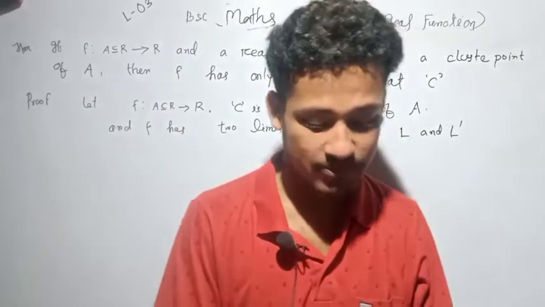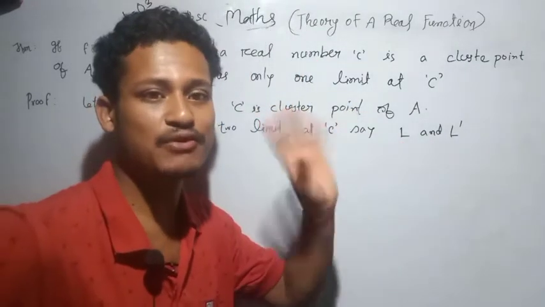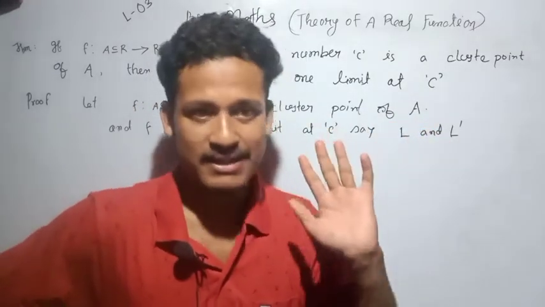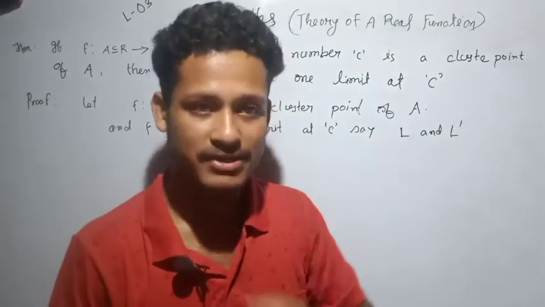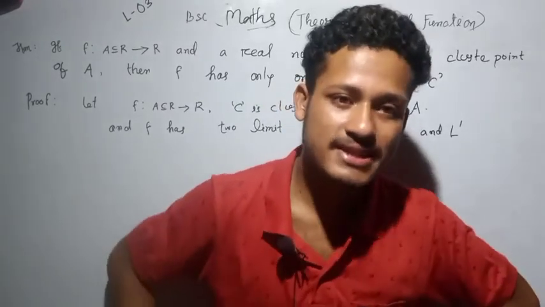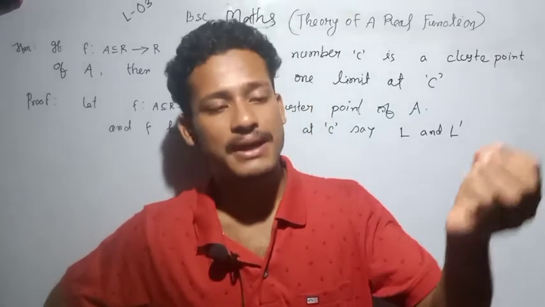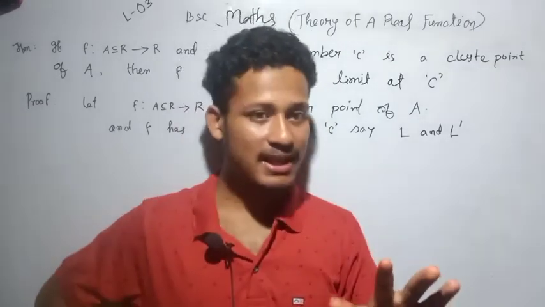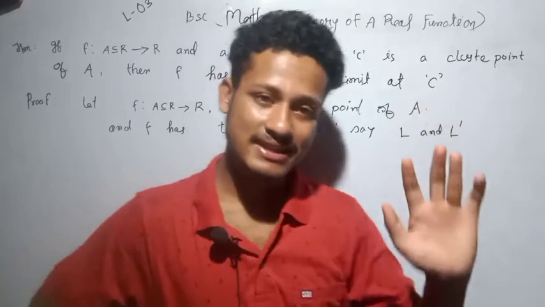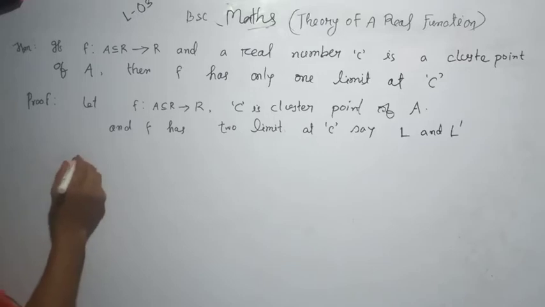According to the definition of limit, a real number L is said to be the limit of a function f if for any epsilon greater than 0, there exists delta greater than 0 such that if modulus of x minus c is greater than 0 and less than delta, then modulus of f of x minus L is less than epsilon.